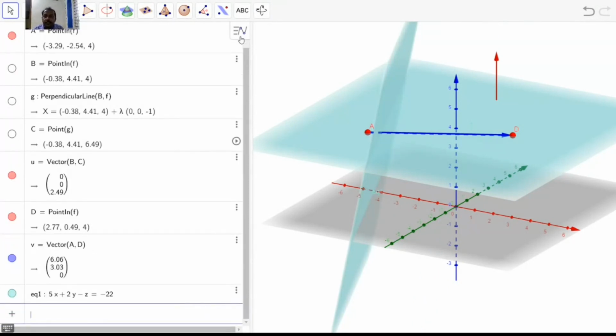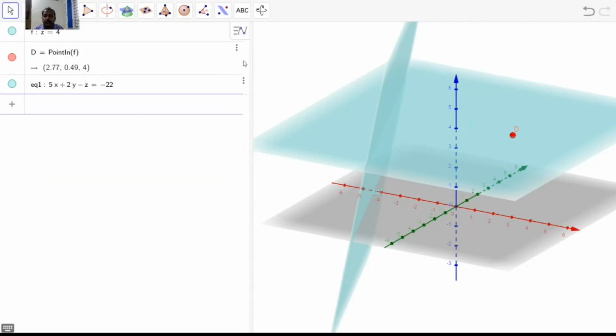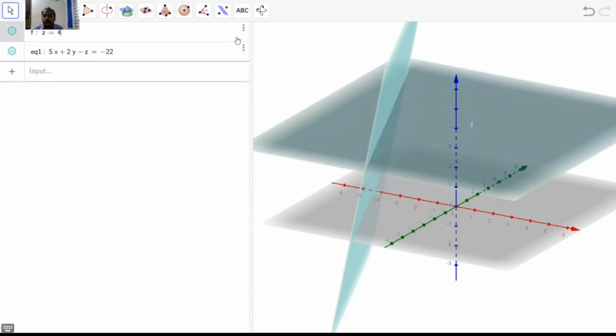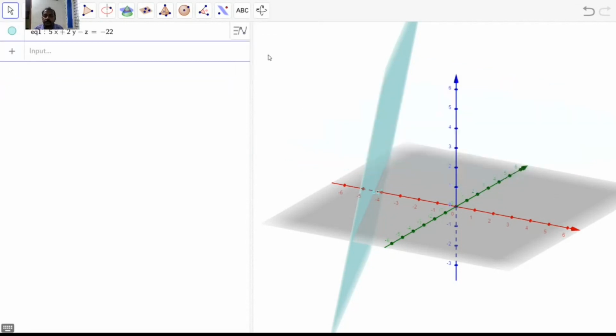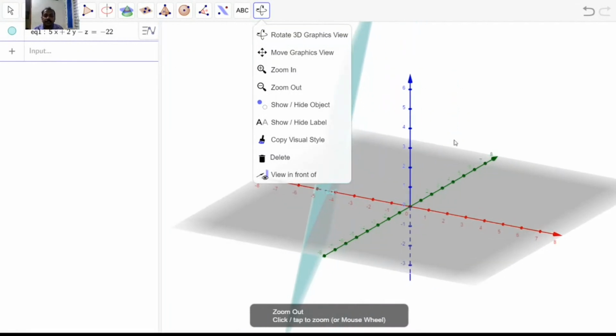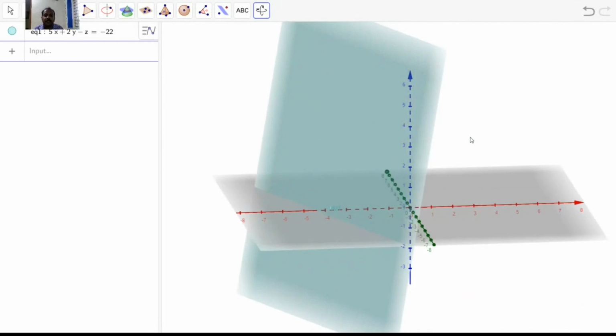So you may remove these things. So this is our plane.